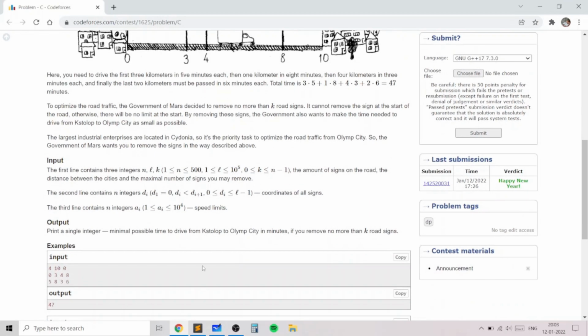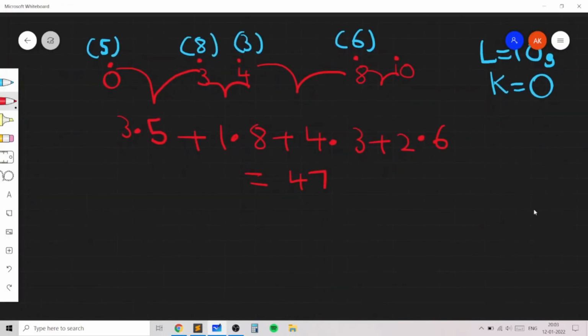the first answer. So in general, if you want to write a general expression, then clearly the time taken will be, let's say we are at position I, where I goes from, basically let's say that this is position 1, this is the second sign, this is the third sign, fourth sign and fifth sign. Then we are basically considering all the signs from 2 up till n. So we are running the sum from I goes from 2 till n, and we are basically adding the length.